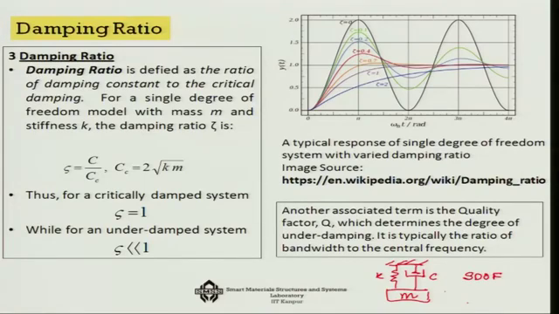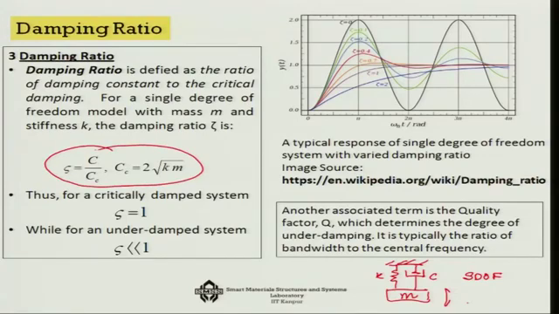It can move only in one direction. In such a case, the damping ratio zeta is the ratio of C over Cc, where Cc is the critical damping, equal to 2 root Km.